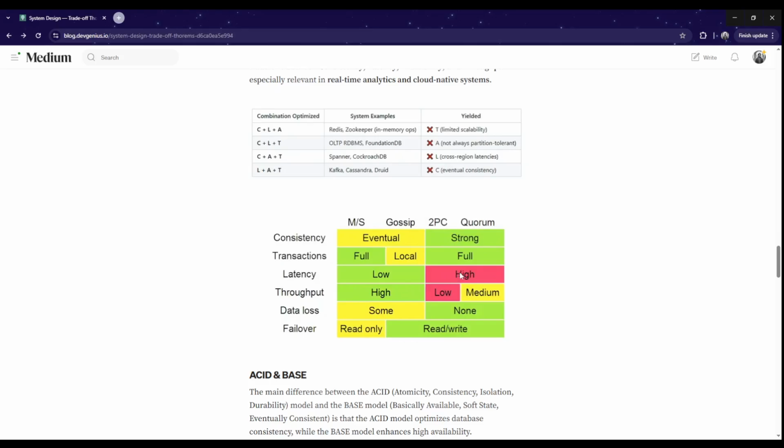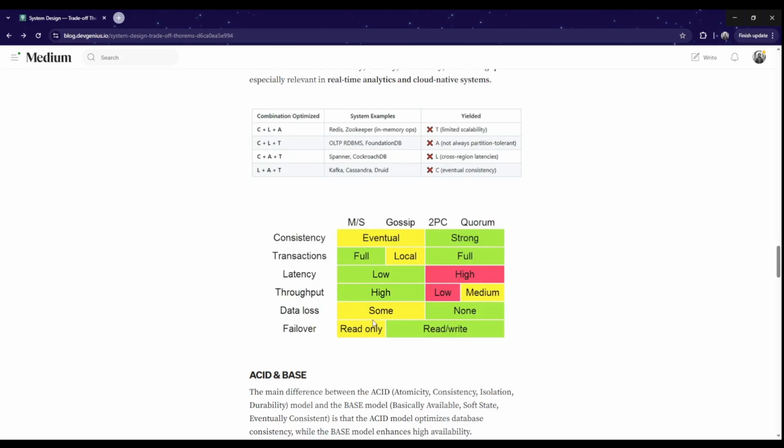For 2PC and quorum, the latency will be high because it has to achieve that quorum before it responds with the right value. In case of gossip, the latency is low because it does not rely on multiple nodes to agree on something. It simply says that we are discussing, we just updated each other about our values and we respond back with that.